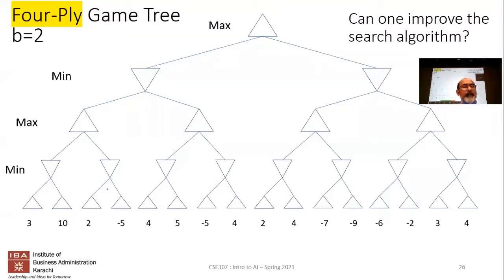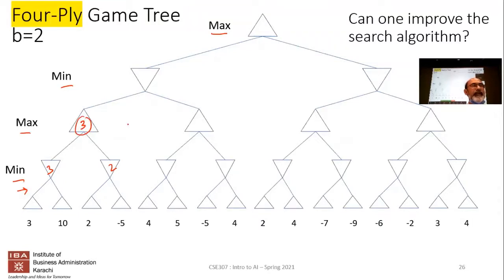So remember, what were we doing? We had players which were termed as max, min, max, and min. And min was basically what was it trying to do? It was trying to look for a way to defeat the opponent, which was max. And it would select 3 over here, this would select 2, and so on. And then max would try to select the better of the two, would select 3, okay, and so on.